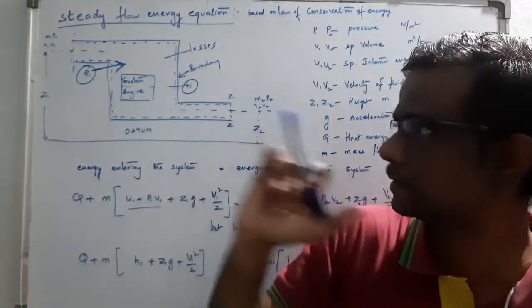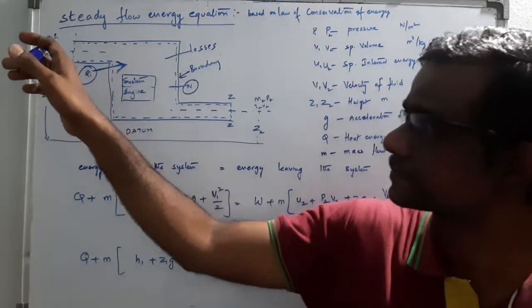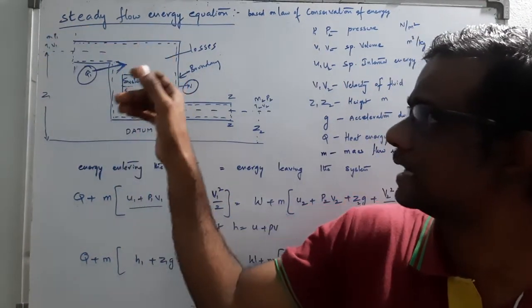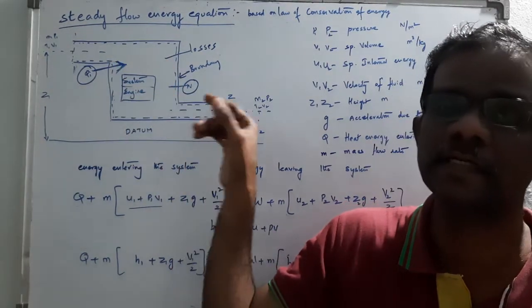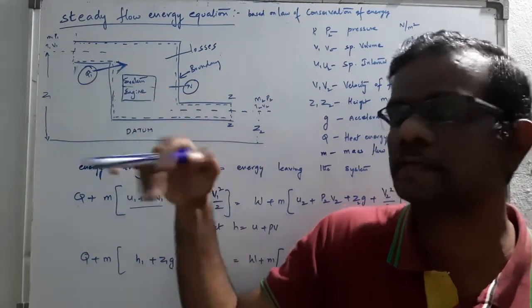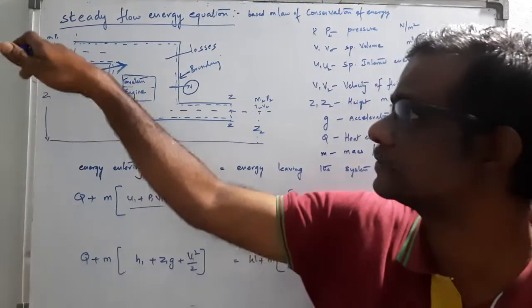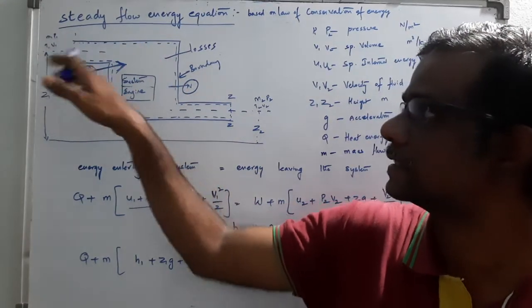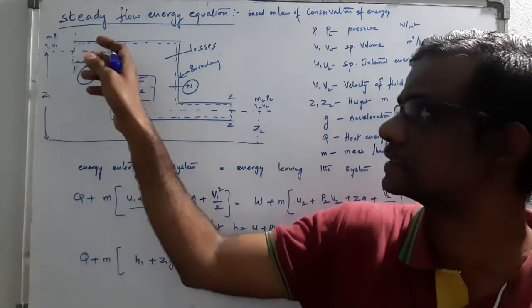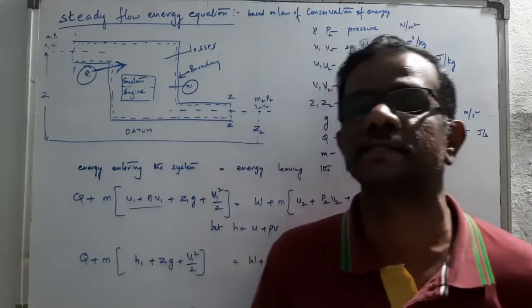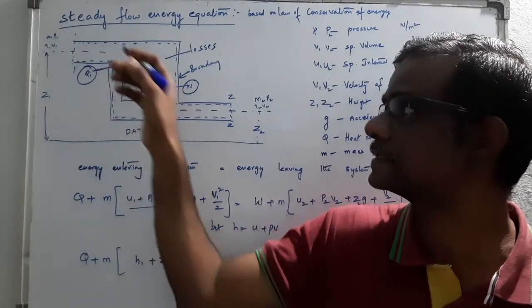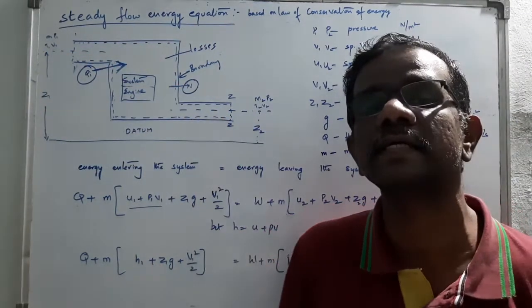See, the mass of fluid must be the same in the entire system. At the same time, the second condition is that the mass of fluid entering the system must be equal to the mass of fluid leaving the system.